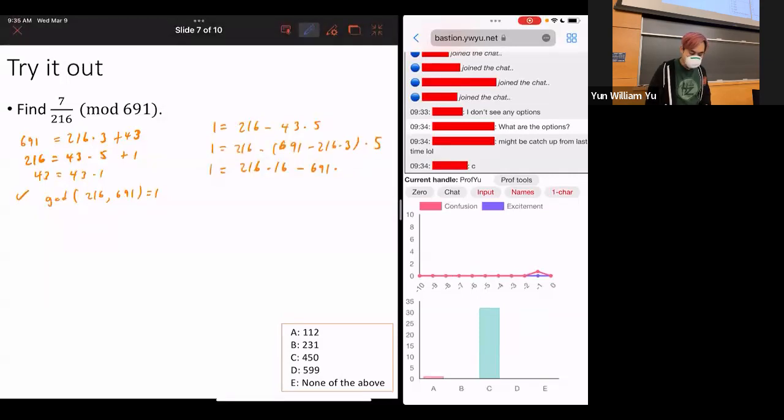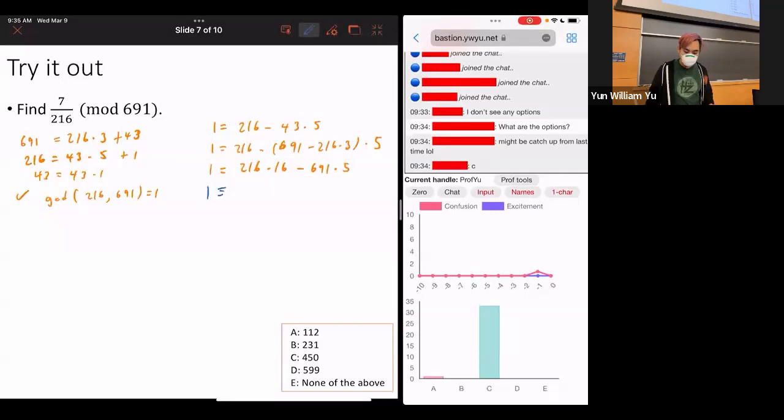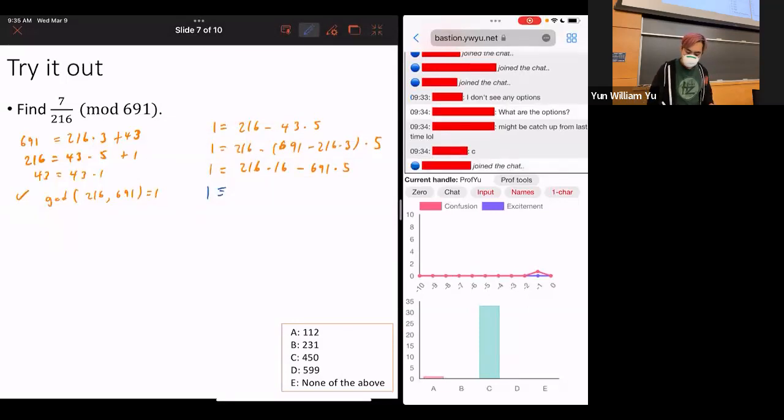Oh, sorry, I erased, that's times 5. So once we're in modular land, we have 1 is congruent to 216 times 16, right? Mod 691. So the right side term disappears, 691 times 5.